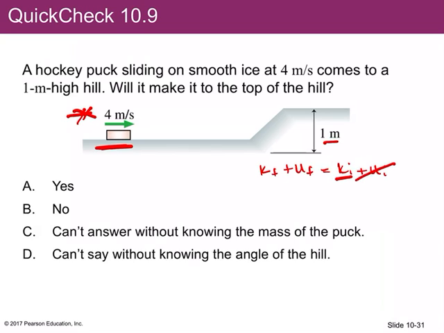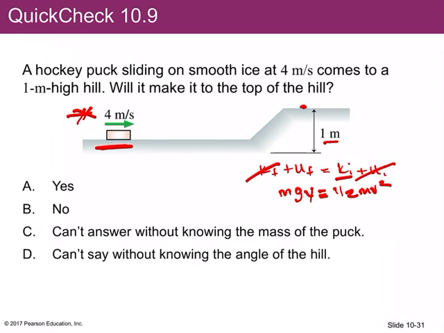So it has 0 potential energy. What about at the very top? We're just wanting to know if it will make it up to the very top of that. So we'll say that it has no kinetic energy, but it would have potential energy then. Okay, so let's see. Mass times gravity times y is equal to 1/2 mv squared.